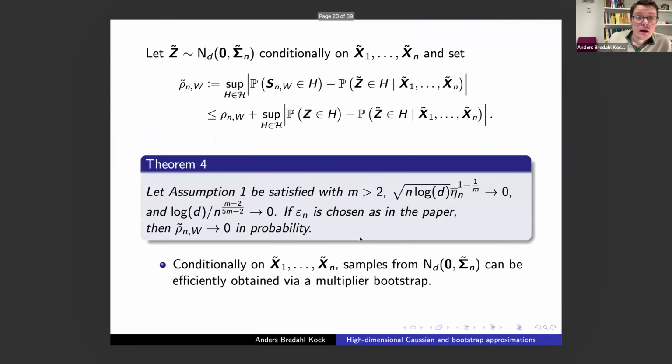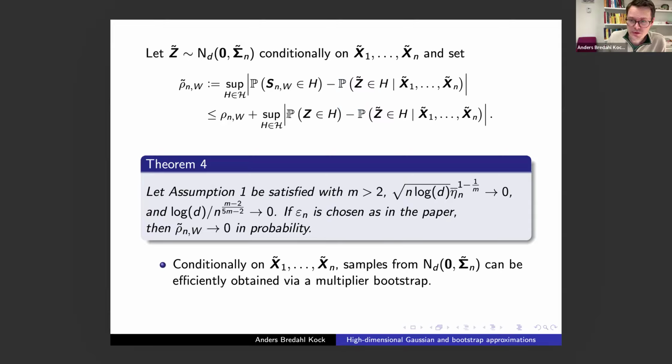Now denote by Z tilde the normal distribution which has a mean of 0 and a covariance matrix of sigma n tilde, that is my estimator here, conditioning on the data. And I denote now by rho n tilde the difference between the probability of my statistic of interest, the Winsorized means, falling within a hyperrectangle, and the probability of a normal distribution with this covariance matrix falling within that same hyperrectangle.